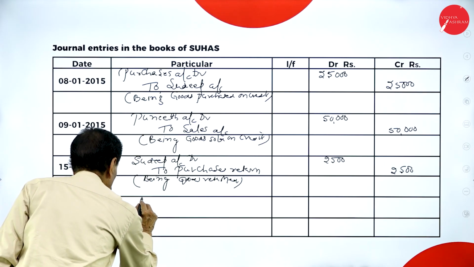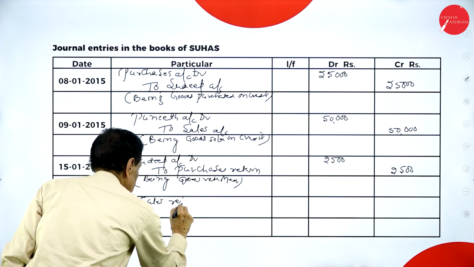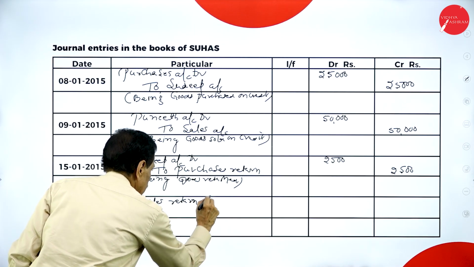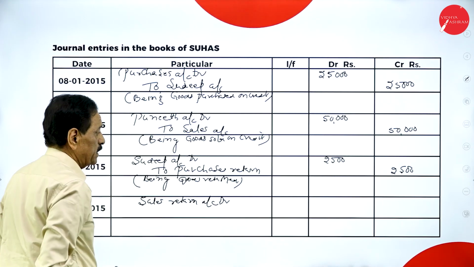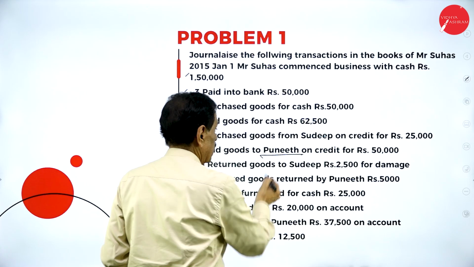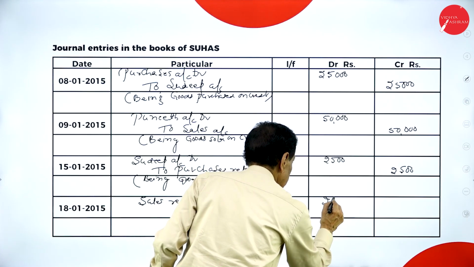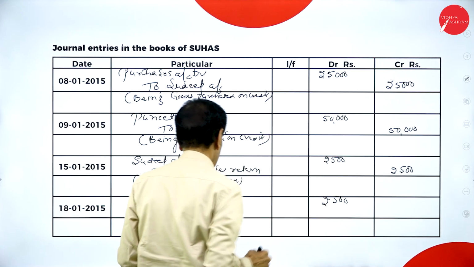Sales return account debtor. How much sales return? 2,500. From whom?